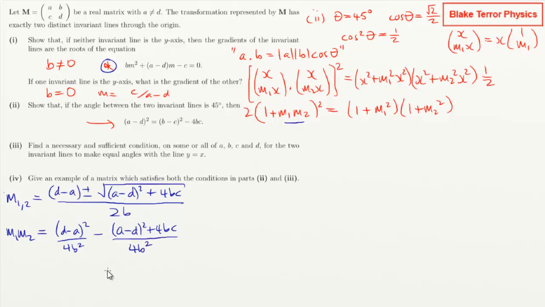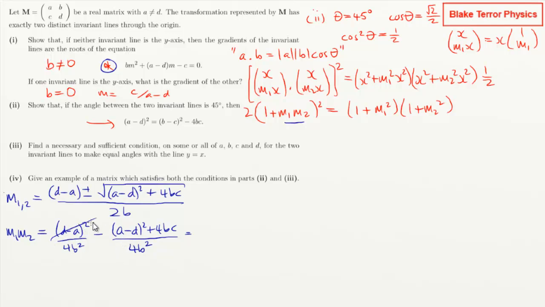That seems quite complicated. Actually, I've got more cancelling here. The d minus a is the same as the a minus d when you square it. So they're going to cancel, and I'm going to be left with 4bc over 4b squared and a minus sign.